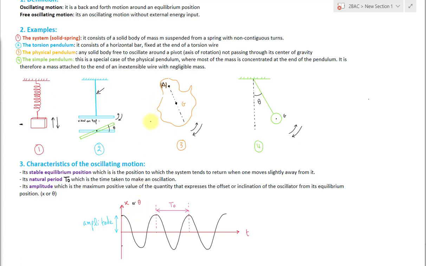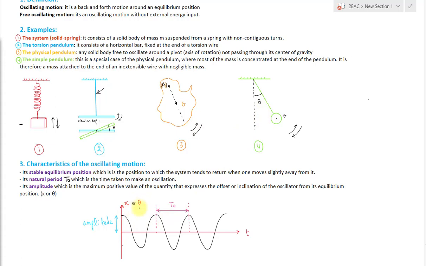It depends on the oscillator. For example, for the first one, the solid-spring system, we can track its motion using x, which is the distance, but for the remaining three, we track the motion of the system by an angle, which is the inclination.